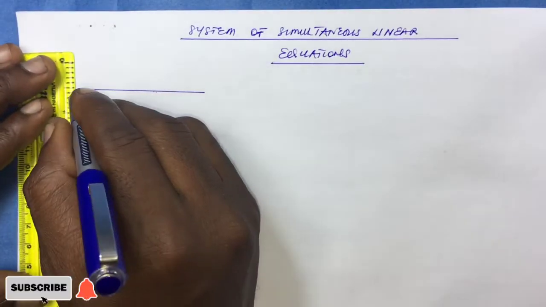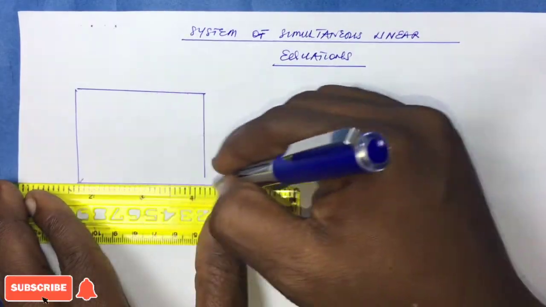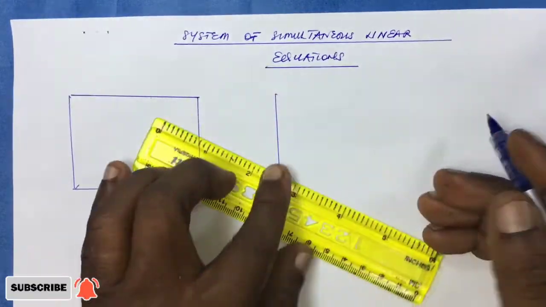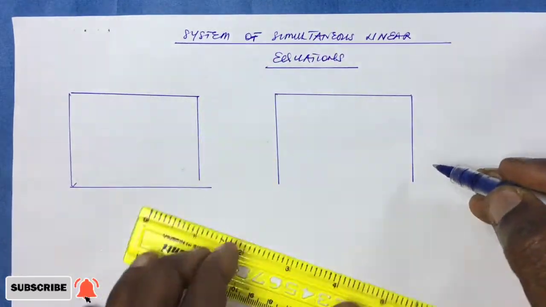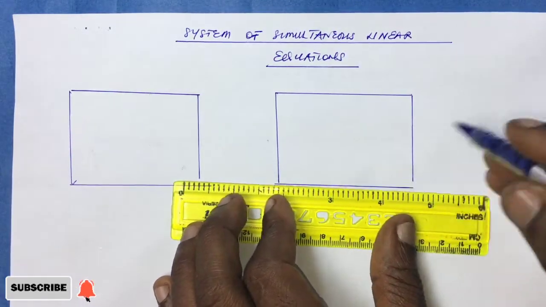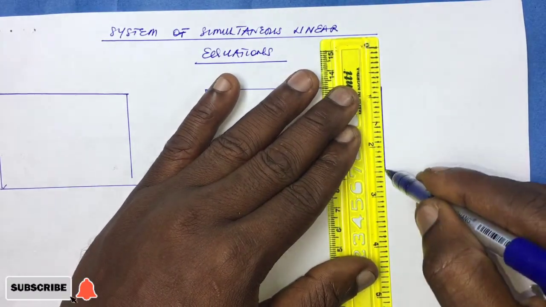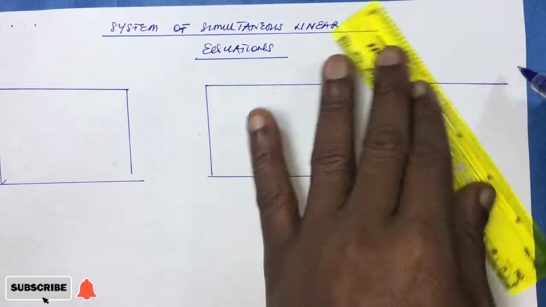On one hand, I'm going to put here system. Here, I'm going to put simultaneous. And lastly, the combined words linear equations.